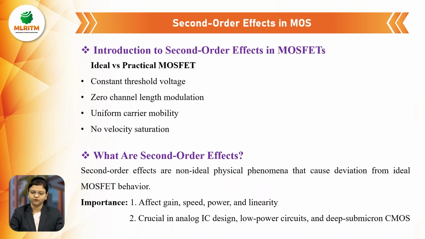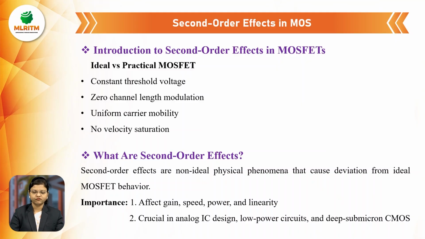If the threshold voltage is constant, we call it an ideal MOSFET. Second, there is no channel length modulation, which we will see shortly, so the channel length modulation coefficient lambda is equal to 0.